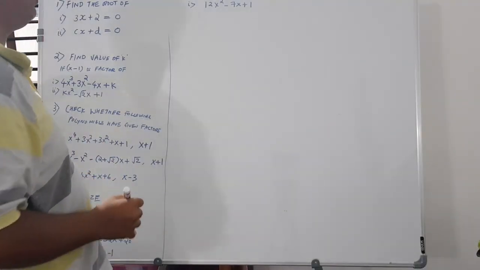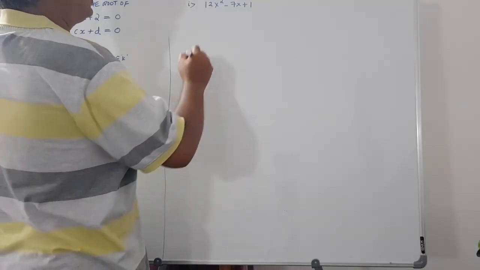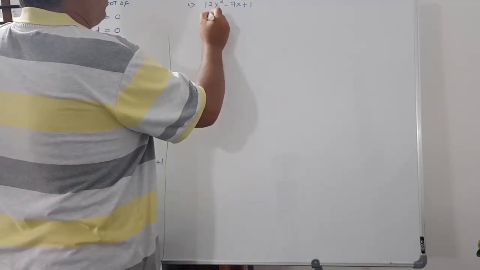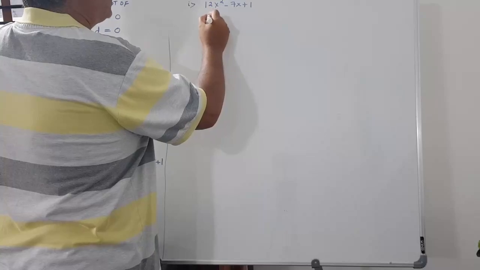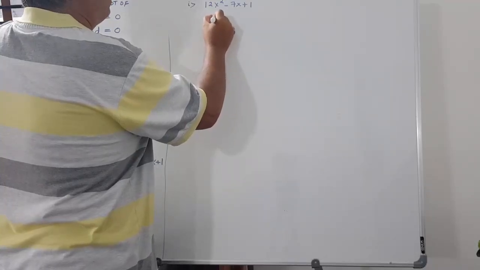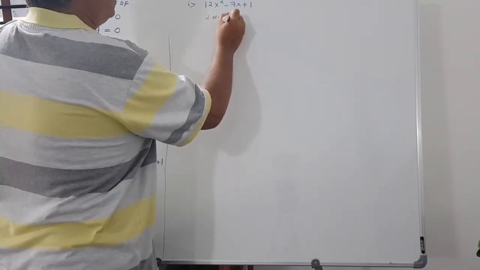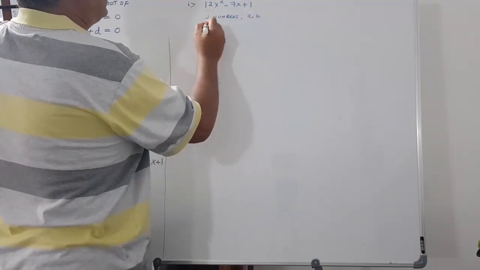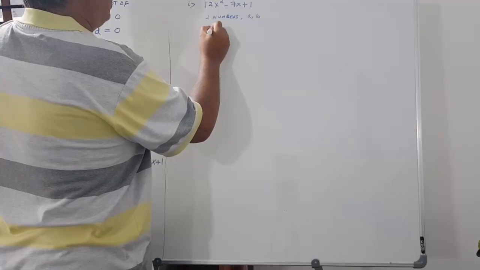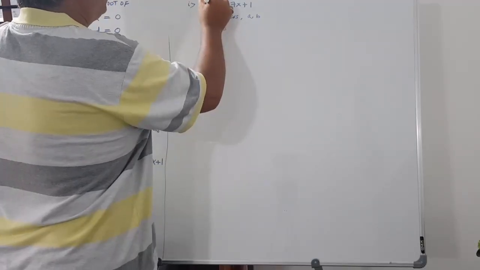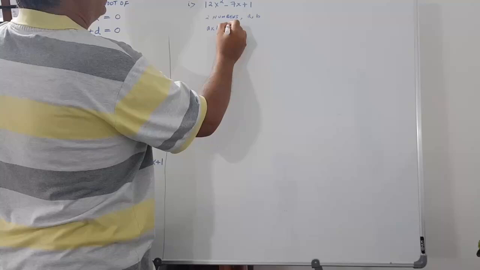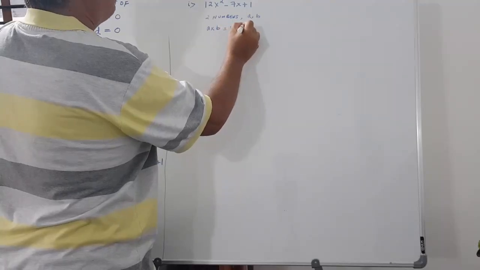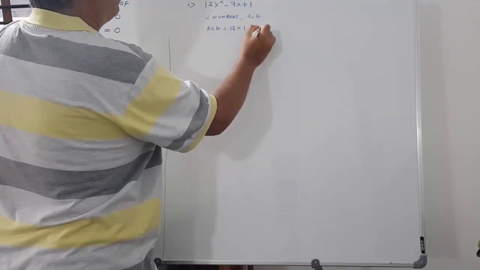Now, if you remember your previous videos, the trick is to find two numbers, let's call them a comma b, such that a multiplied by b is equal to 12 multiplied by 1. In this case, 12 multiplied by 1, that is equal to 12.